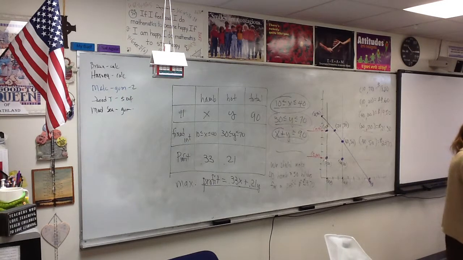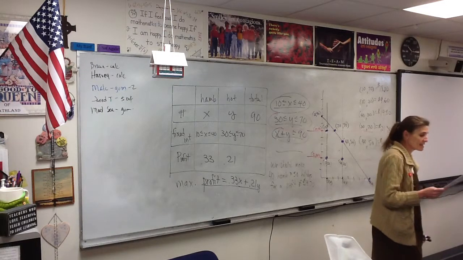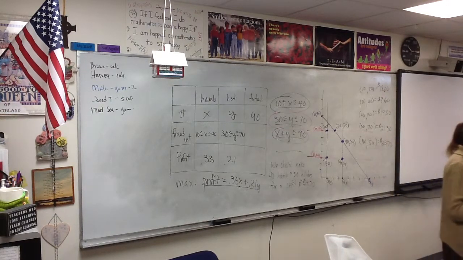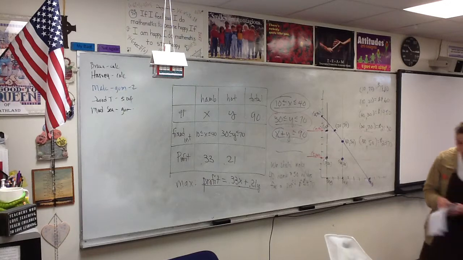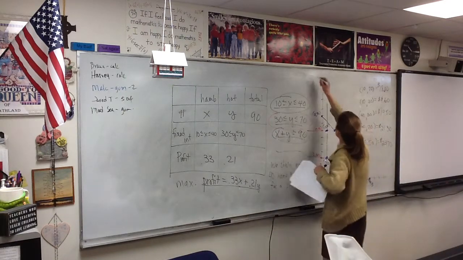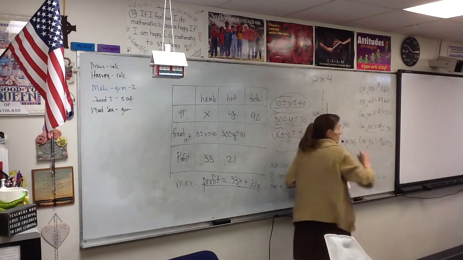All right, let's look down through A, B, C, D, E. Do you feel confident in any of those? Yes. Tim? 2 by 4, very good. The dimensions of A are 2 by 4, and we write that like this, 2 by 4.